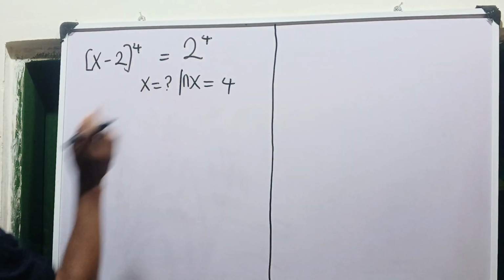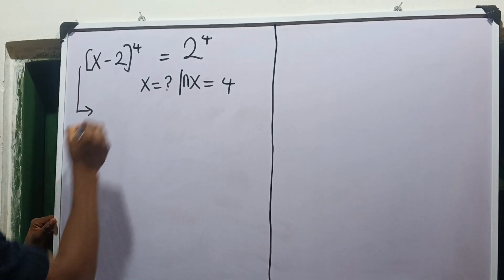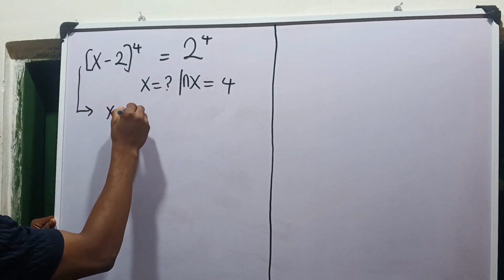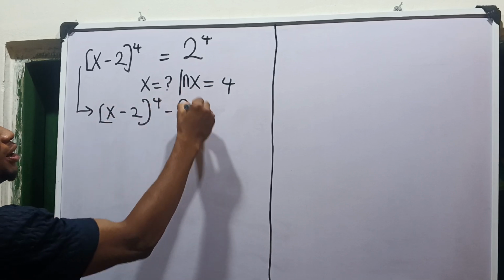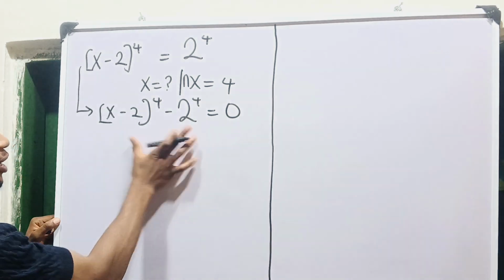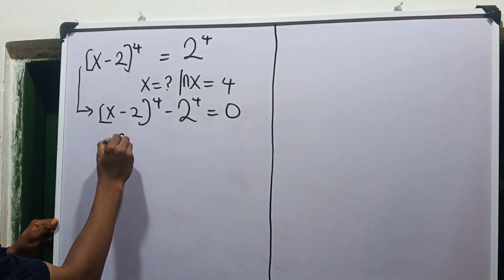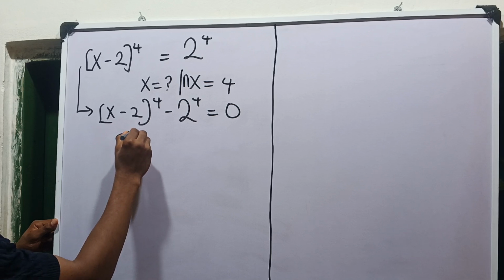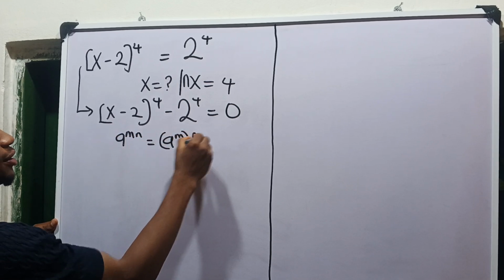Now continuing from here, we can say that this is the same thing as (x - 2)^4 - 2^4 = 0. Now from here, we can write this using the law a^(mn) = (a^m)^n.